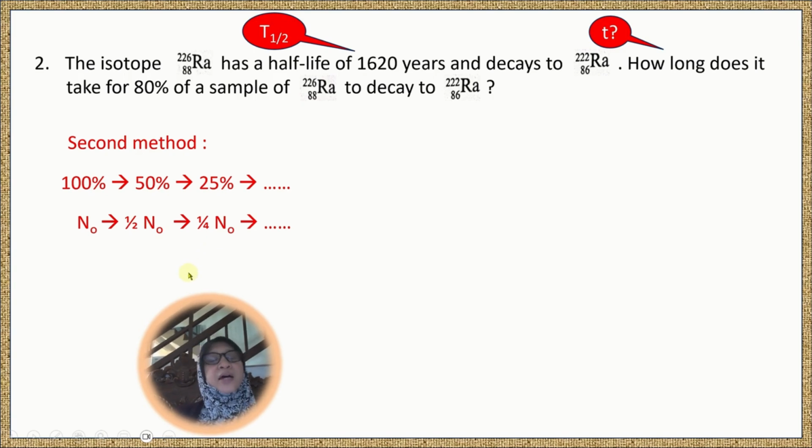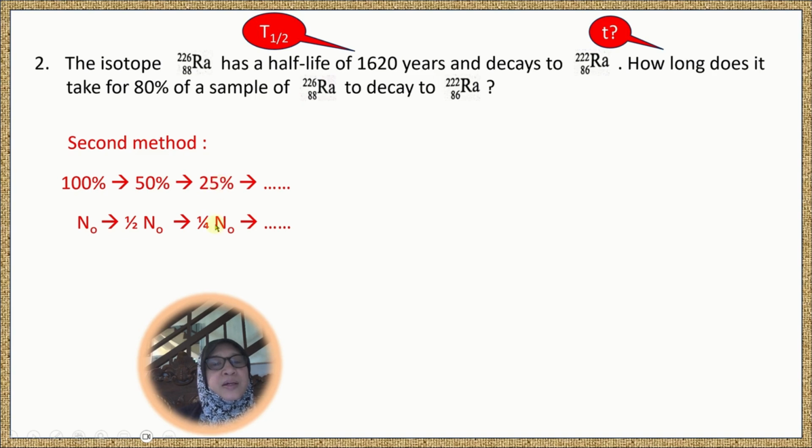Then continuing after 50%, it becomes half again, 25%. So this is another half-life for the number of atoms to become half, from 50% to 25%.